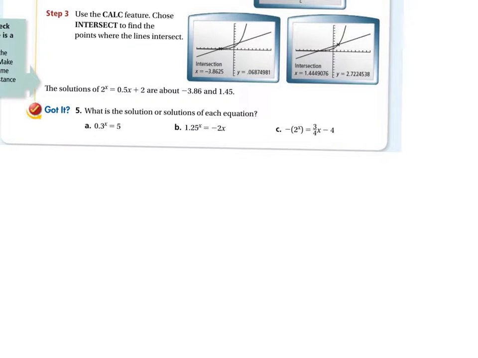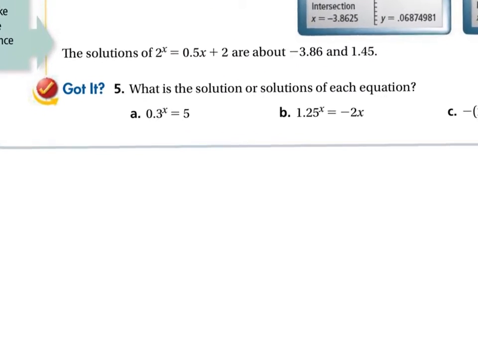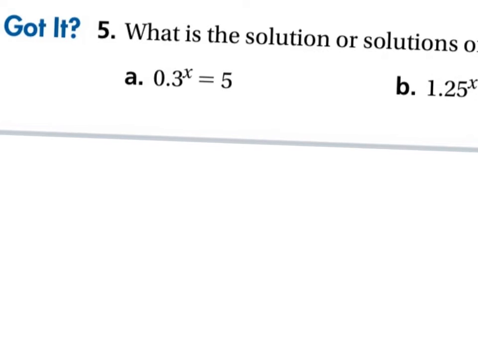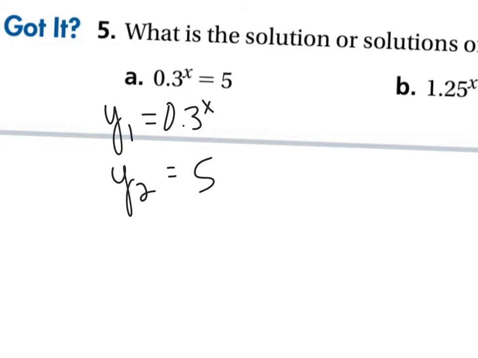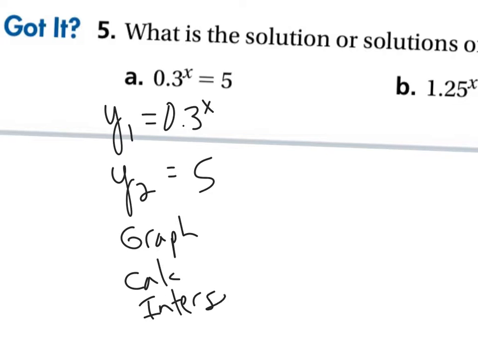Okay, so if you look at the Got It 5 part A, again, if you put in y1, if you put in 3/10 to the x power, and y2 you put in 5, graph those, and then calculate the intersection, we can find where these graphs intersect.